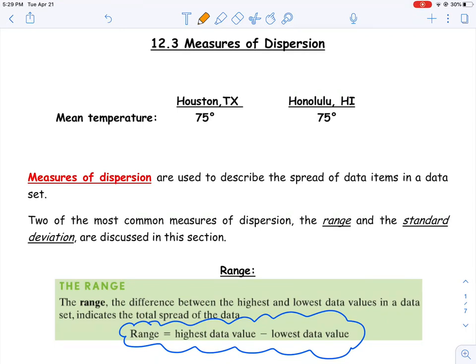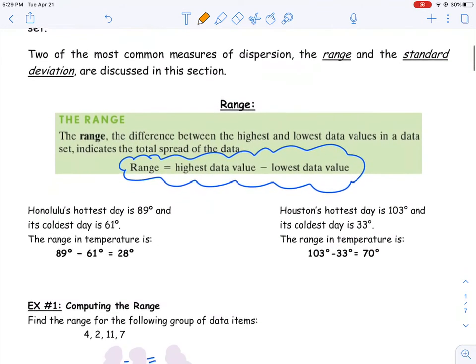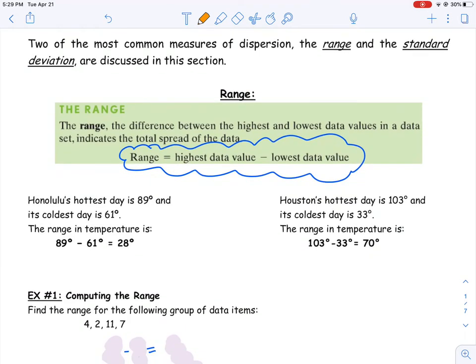So we talked about mean in the last section, and I can tell you that the mean temperature in Houston is 75 degrees, the average temperature. And the average temperature in Honolulu, Hawaii is also 75 degrees. But if you look carefully at the spread of degrees in those two regions, the range is much wider in one.